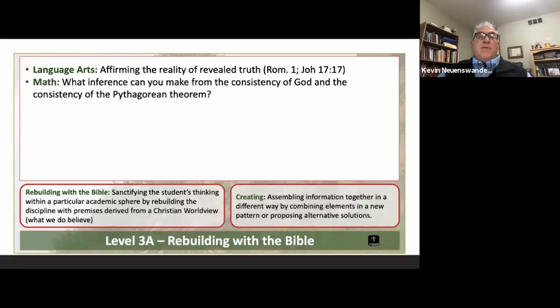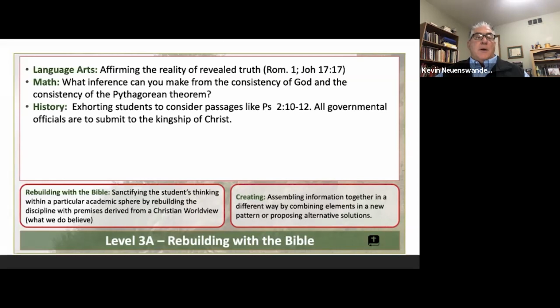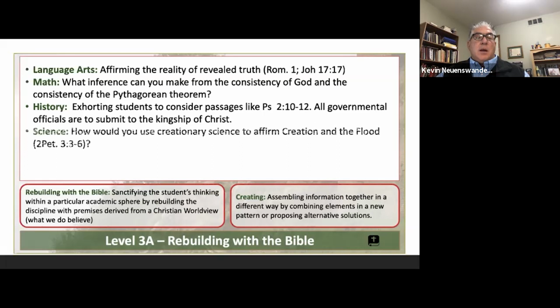Math: what inference can you make from the consistency of God and the consistency of the Pythagorean theorem? Is it always the same? Does the Pythagorean theorem change? Is it the same today but not tomorrow? History: exhorting students to consider passages like Psalm 2:10-12. All governmental officials are to submit to the kingship of Christ.